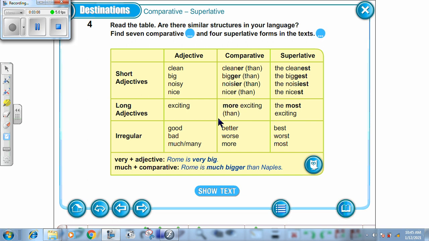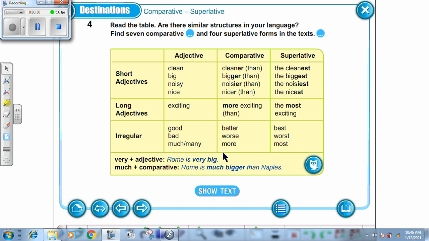Okay, but I have irregular adjectives. What are the irregular adjectives? For example, I have good. Good will be better than, and in the superlative, it will be the best. What about bad? It will be worse than and the worst.